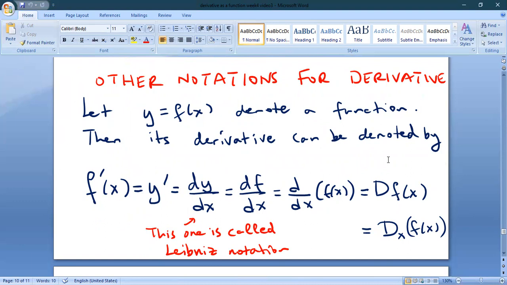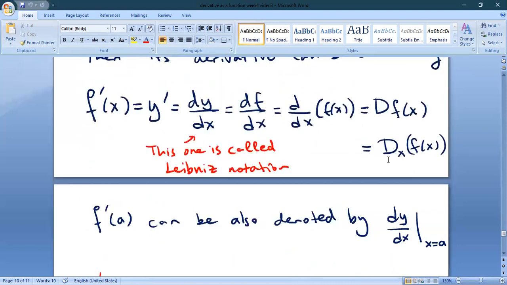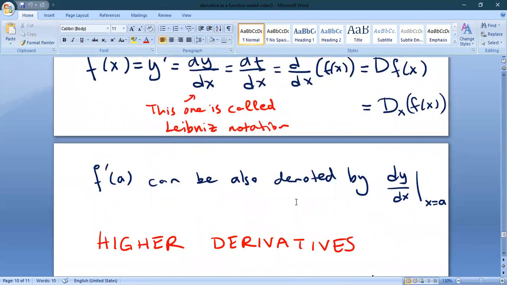Or it can be shown df over dx, or it can be shown f of x differentiated with respect to x, like d by dx f of x. And also capital D f of x or capital D x f of x. These are also notations for derivative. Sometimes f prime of a can be also denoted by dy over dx evaluated at x equals a. So that's also again a Leibniz notation.